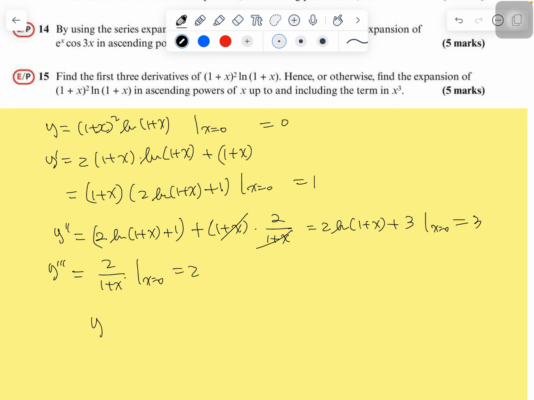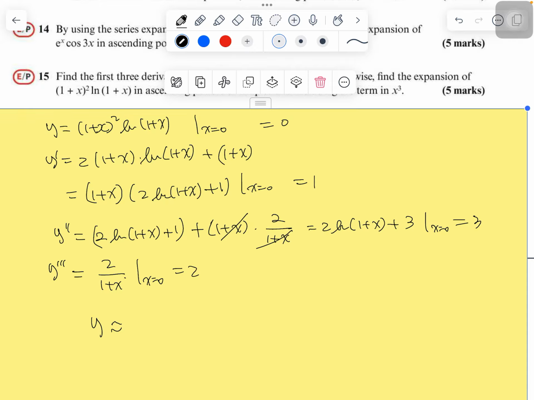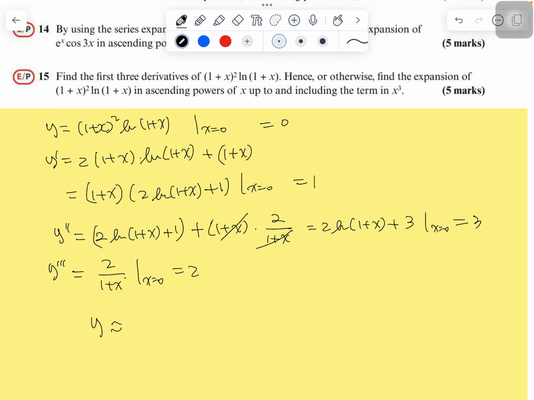Therefore, y is approximately the series 0 plus x, oh no, I mean, no need to put that, plus x plus 3 over 2 factorial x squared plus 2 over 3 factorial x to the power of 3, and so on, like this. So, yeah, 1 over 3. So this can be the answer.